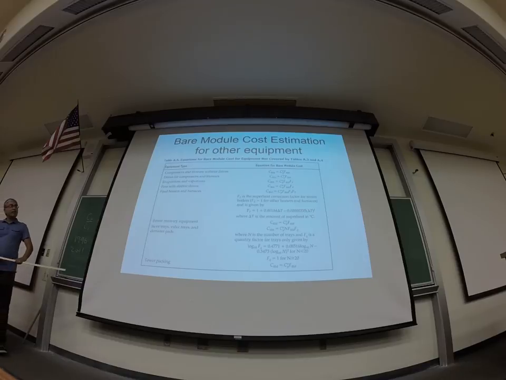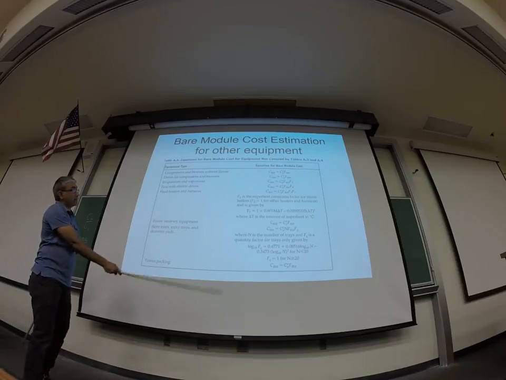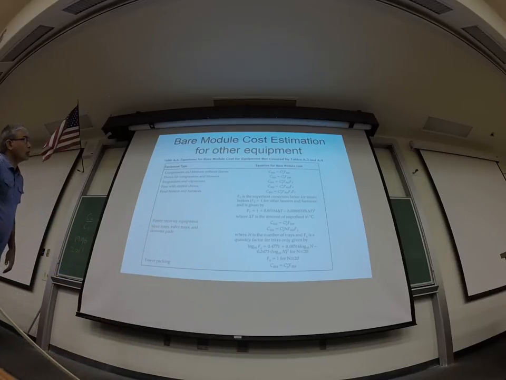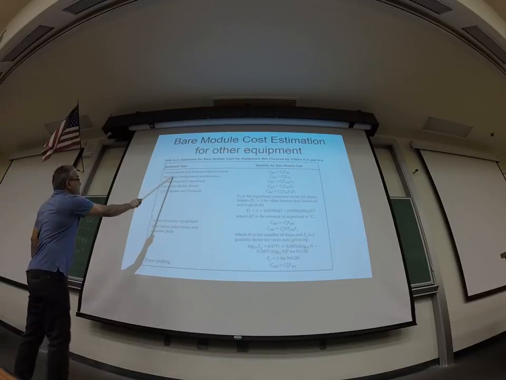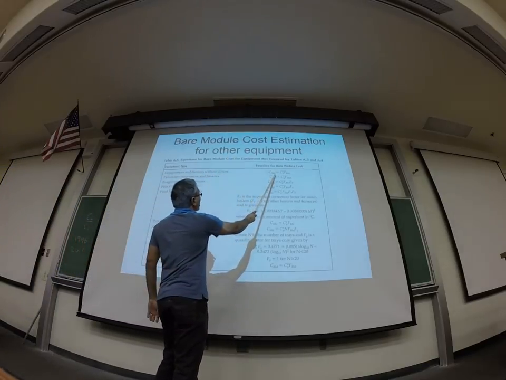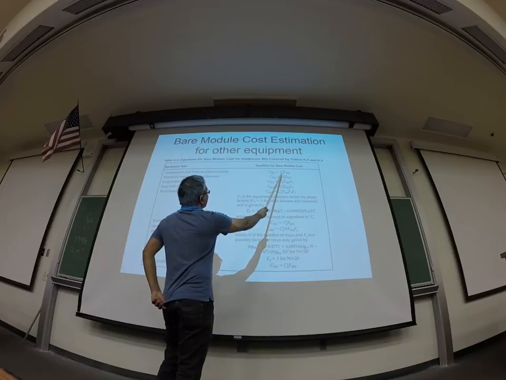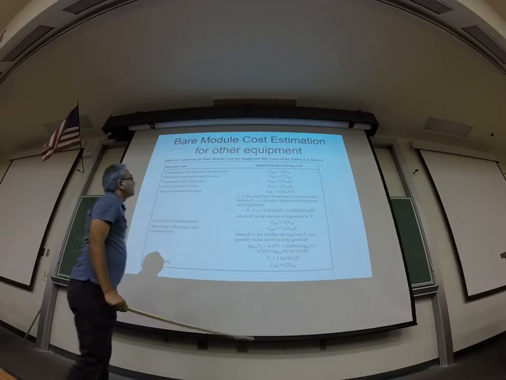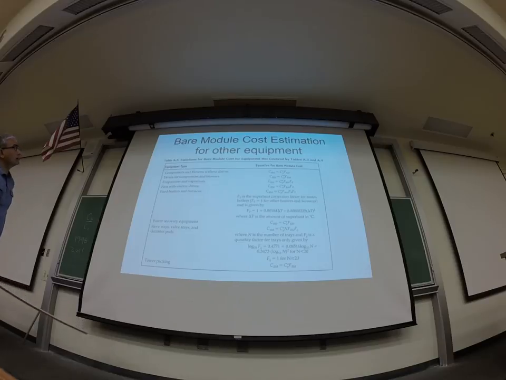So here I'm listing some of the exceptions. You can see that for compressors and blowers without drives, the bare module cost is CP naught FPM, which is actually the German equation anyway, so that's nothing new there.